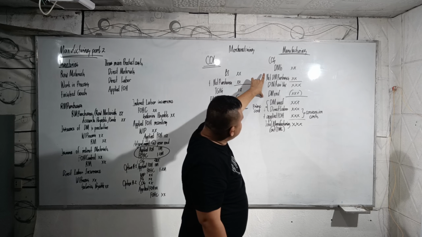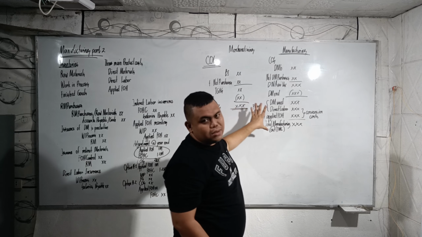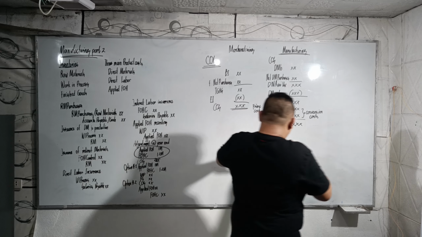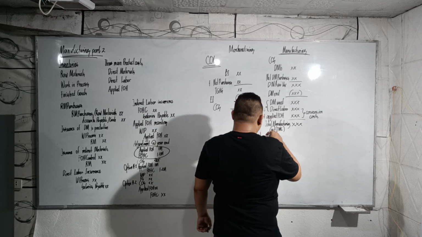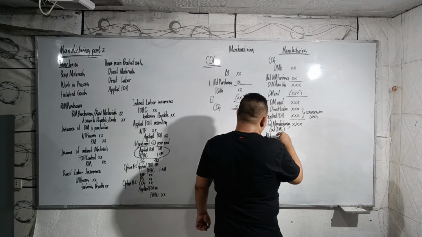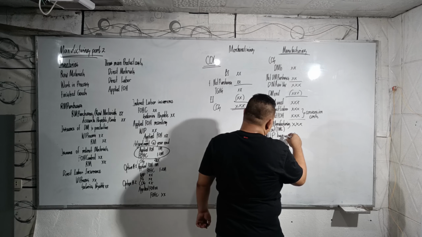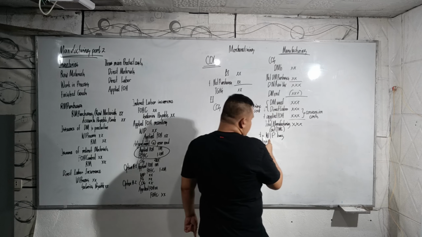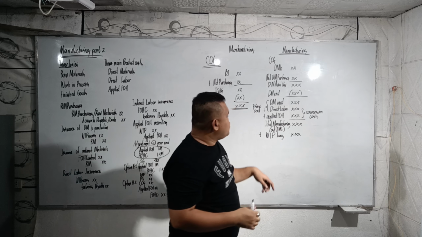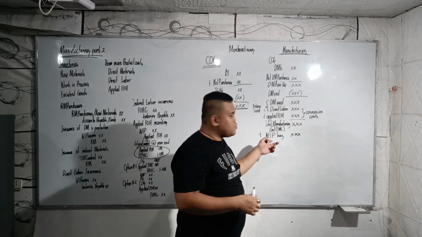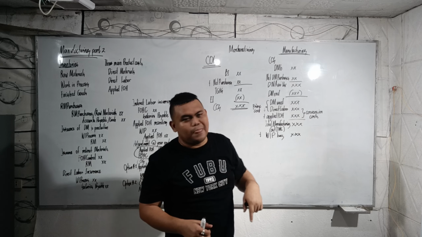This is the first part. This is the second one. Third, if there are total manufacturing costs like that, and you add them with the work in process beginning, basically these are the inventories that were unfinished last period. So this is also composed of direct materials, direct labor, and factory overhead in the past.